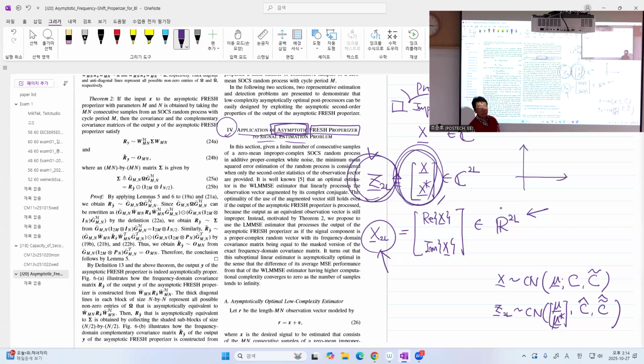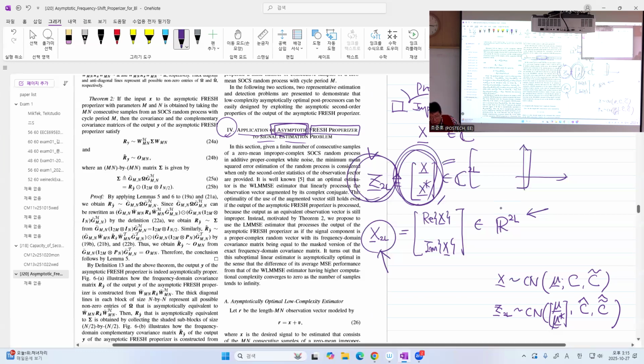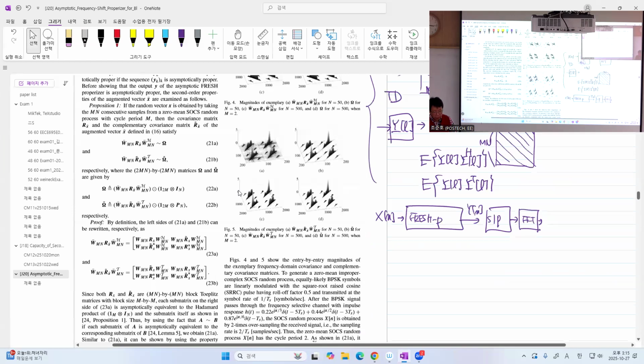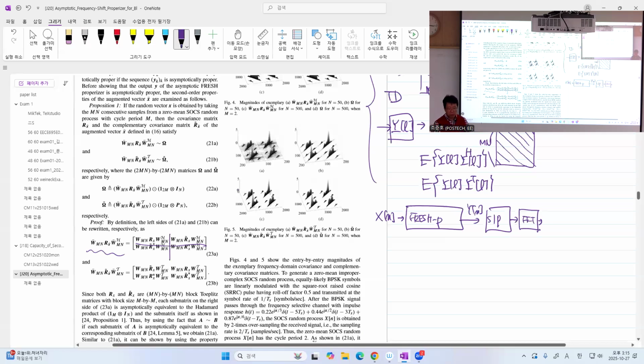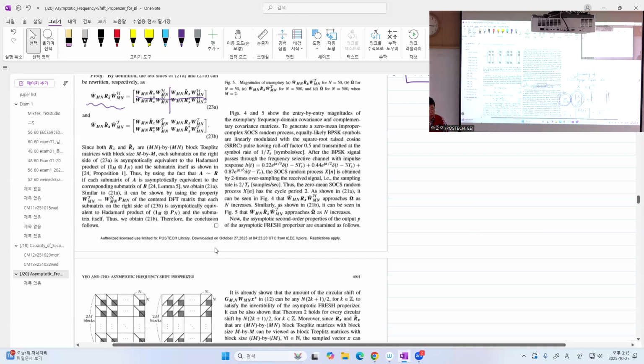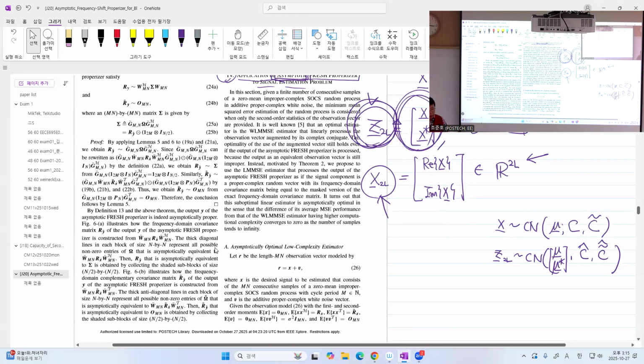But in most of the cases, the researchers circumvent that problem by block processing this Z of length 2L as we do here. See that? Even though we do some processing, anyway, we divide them so that we do not have the problem of inversion of a non-invertible matrix.